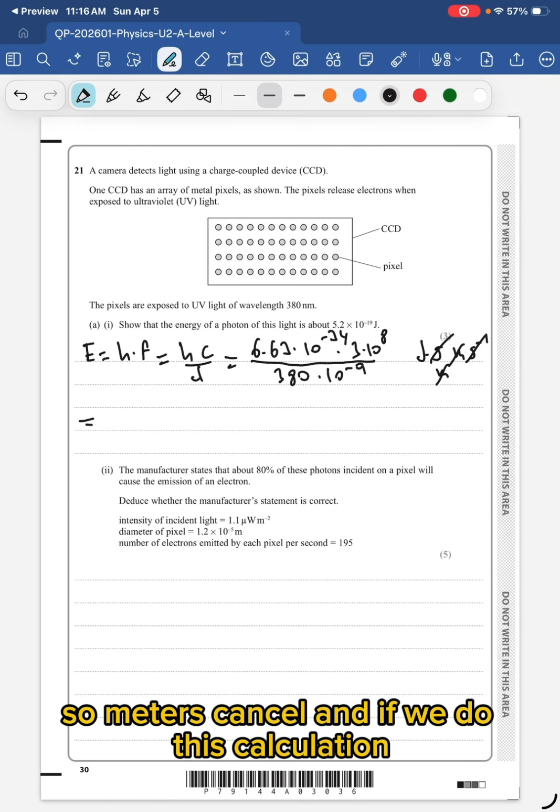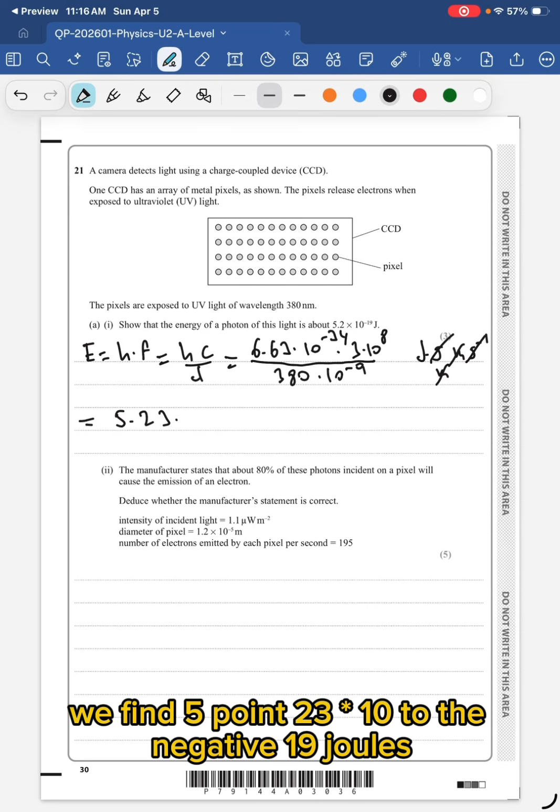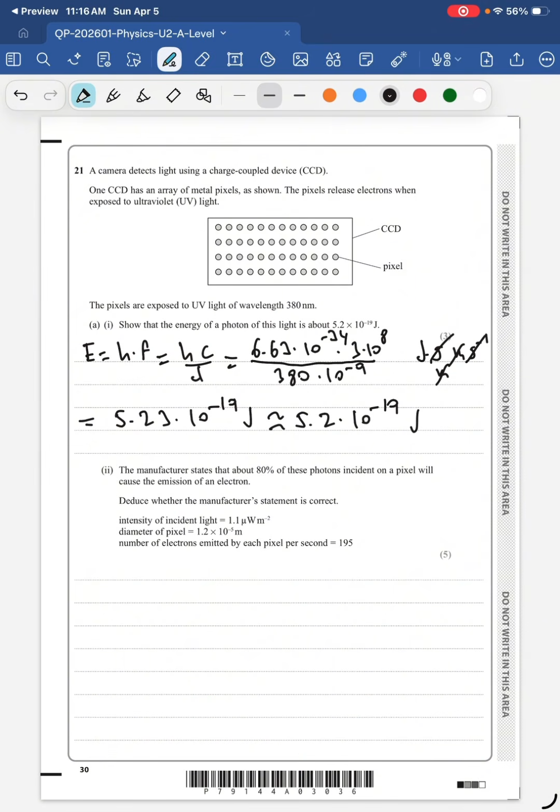And if we do this calculation, we find 5.23 times 10 to the negative 19 joules, which is about 5.2 times 10 to the negative 19 joules, as requested.